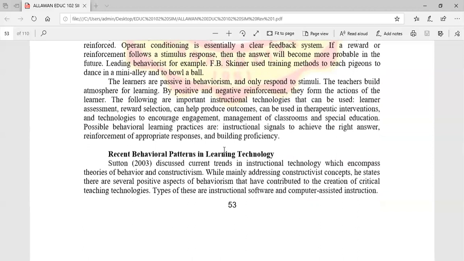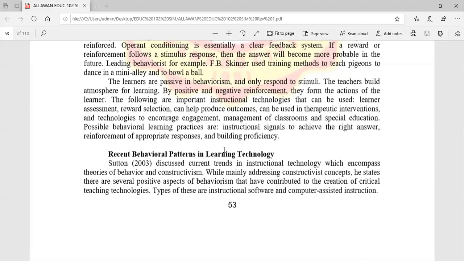The following are important instructional technologies that can be used in this theory: learner assessment, reward selection, which can help produce outcomes and can be used in therapeutic interventions and technologies to encourage engagement, classroom management, and special education. Possible behavioral learning practices are instructional signals to achieve the right answer, reinforcement of appropriate responses, and building proficiency.